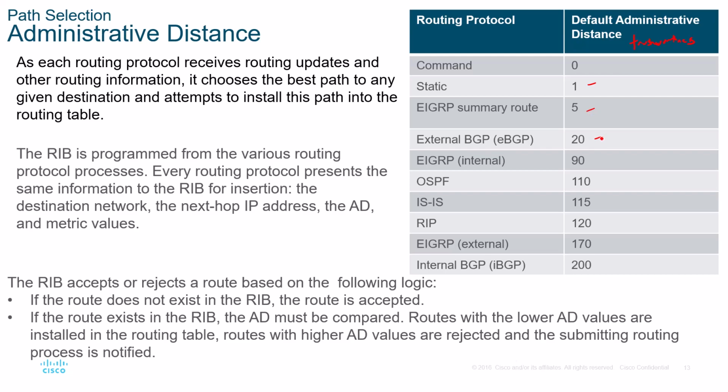If it is an internal EIGRP, 90. OSPF's 110. If it's an external EIGRP, it is 170. If it's an internal BGP, it's 200. In reality, static, EIGRP and OSPF are the big ones for you to know and memorize.